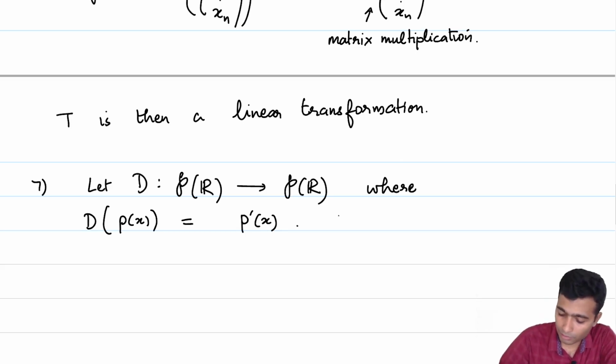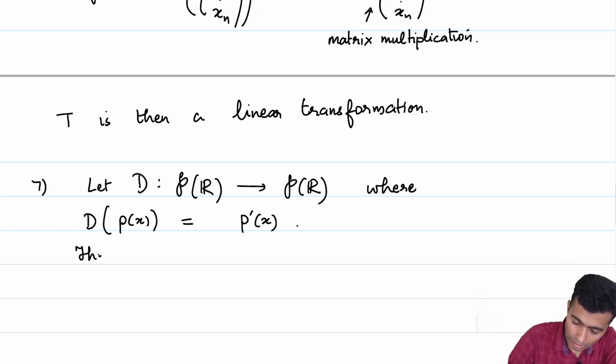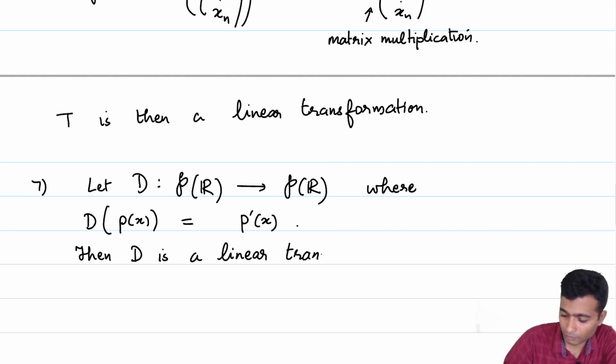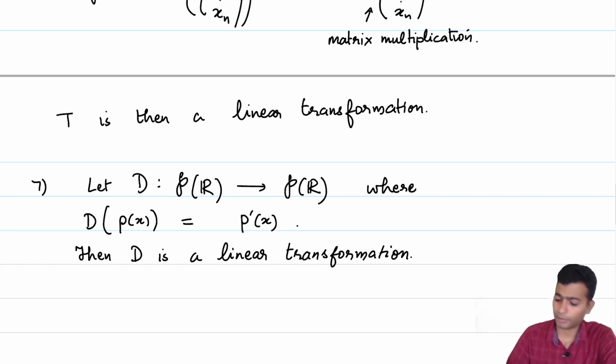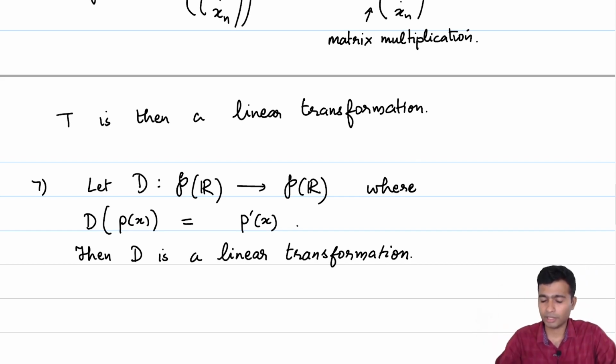From calculus you should know that D is a linear transformation. The derivative of a sum of two polynomials is the sum of the derivatives, and the derivative of a constant times a polynomial is the constant times the derivative of the polynomial. So, yes, it is indeed a linear transformation.